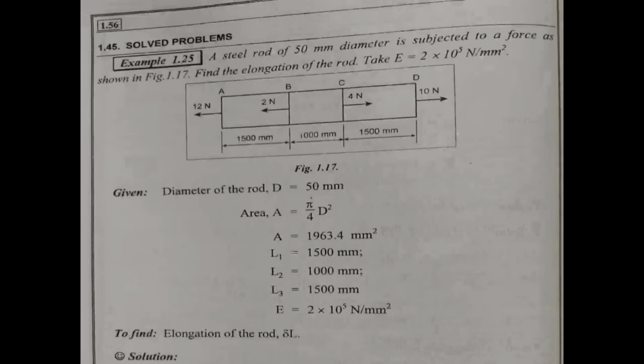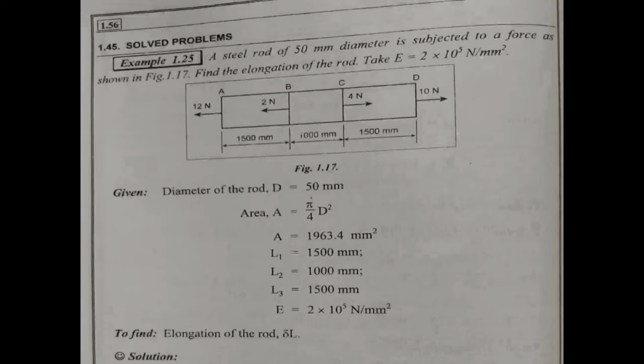A steel rod of 50 mm diameter is subjected to forces as shown in the figure. We want to find the elongation of the rod, and E, Young's modulus, is equal to 2 into 10 power 5 Newton per mm square. Then see the diagram.